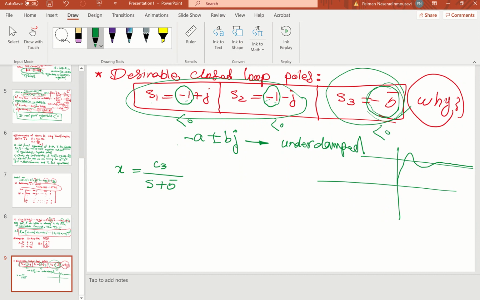If you take the Laplace inverse as I taught today, only this part, part 3, x of part 3 is going to be e to the minus 5t C3. So if you increase time, this vanishes too fast with respect to the real part of this.